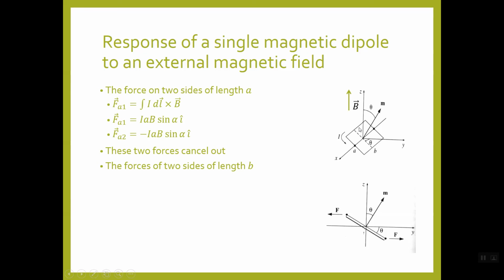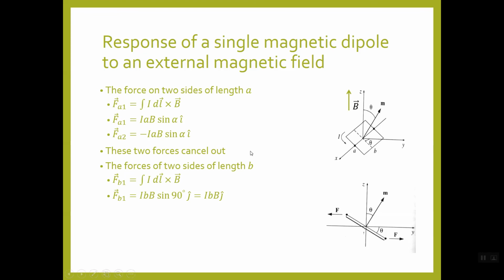Now I'm going to get the forces on the sides of length b, using the equation for a magnetic force on a current carrying wire. If I start with this side, b, using the right-hand rule, I get the direction of this force is in the y direction, j hat.